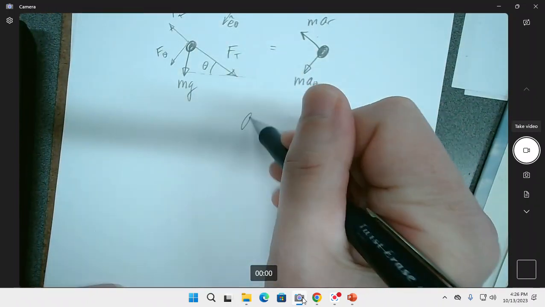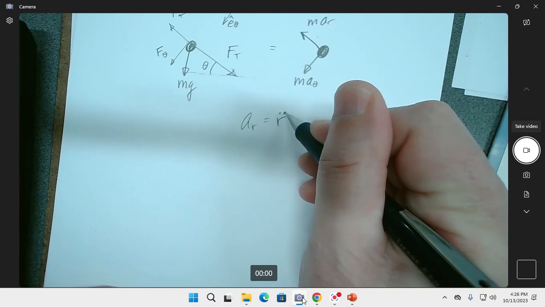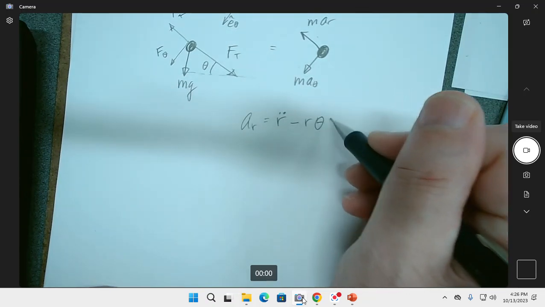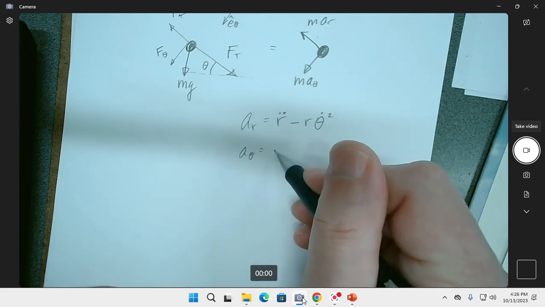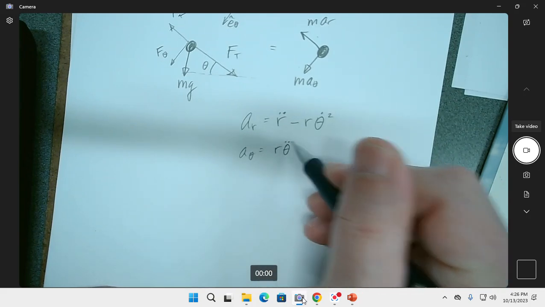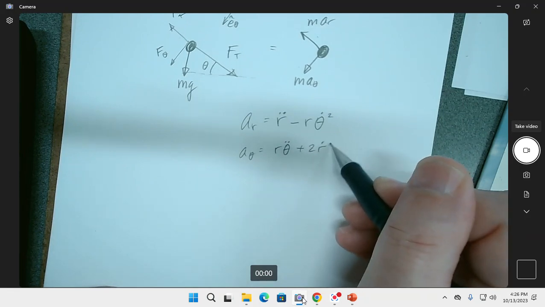But when you go to find A R, remember that it's going to be R double dot minus R theta dot squared, and then A theta is going to be R theta double dot plus 2 R dot theta dot.